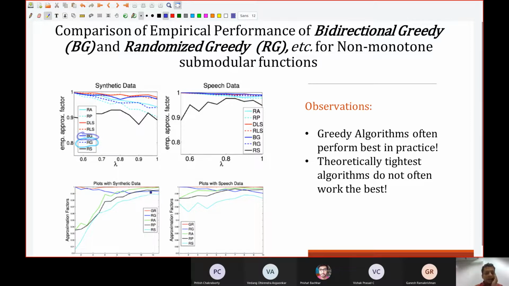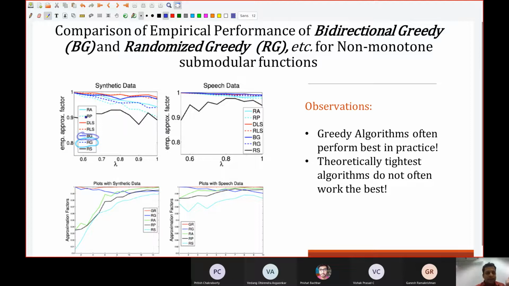But it turns out that there are other algorithms, like simple greedy. I think this DLS does very good. Yes, just do normal greedy. What it's showing is that when we say a function is non-monotone, it's non-monotone only in some regions. It's not that you have to discard its monotonicity everywhere.